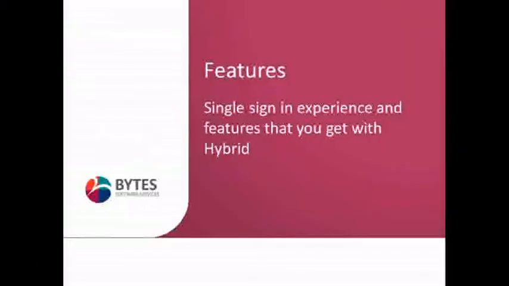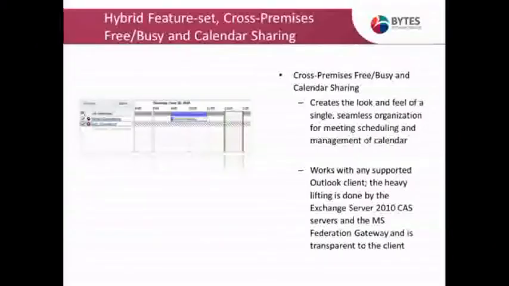So just going through the features, we'll cover the single sign-in experience that you get with hybrid, but just a quick view. These are the kind of things that you get. Calendar and FreeBusy, you get a consistent look and feel. You'll see there that it's not a brilliant name, Sally Coexistence, but Coexistence would be the surname.